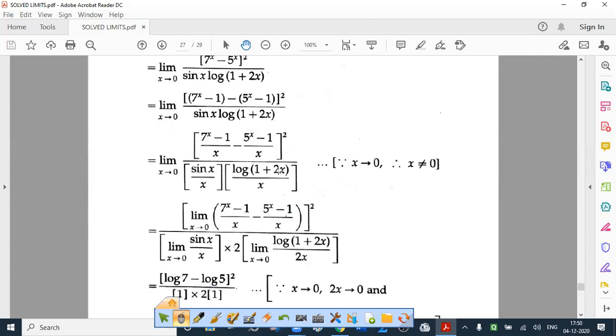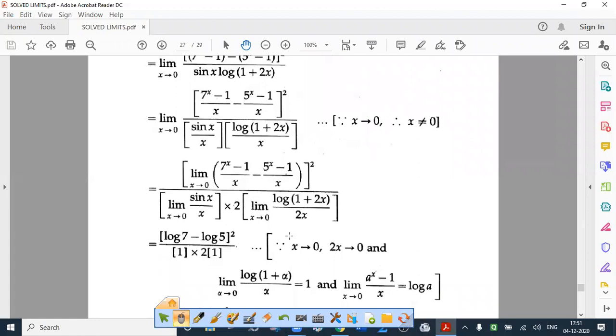See, 1 plus 2x, and that is why this x is written as 2x, but we cannot just multiply the denominator by 2. We have to multiply the numerator also by 2. Now take the limit. So in bracket (log 7 minus log 5) bracket square upon 1 into 2 into 1. It is better if you prove that the value of this limit is 1, as we have discussed just 2 minutes before, right?